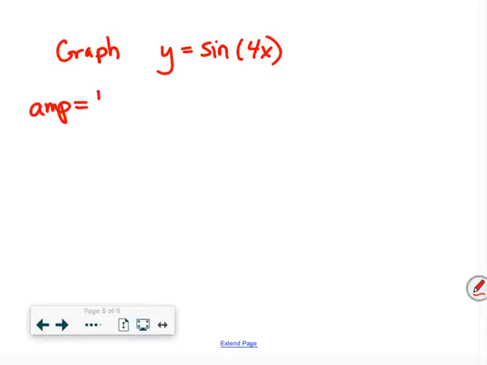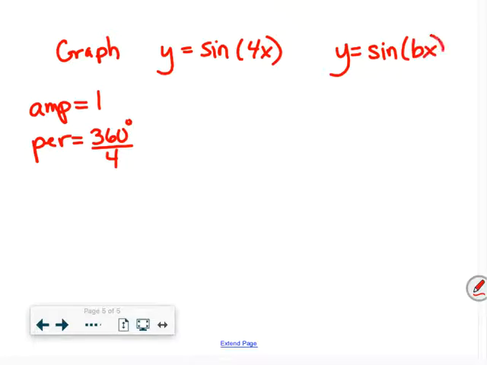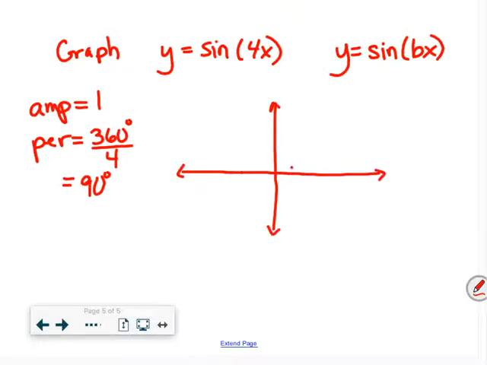All right, so the amplitude is 1. The period is 360 divided by the b value. And what I mean by b value is this is y equals the sine of bx. It's what's in front of x. So my period length is 90 degrees. So I'm going to make 4 ticks to the right, call it 90 degrees.